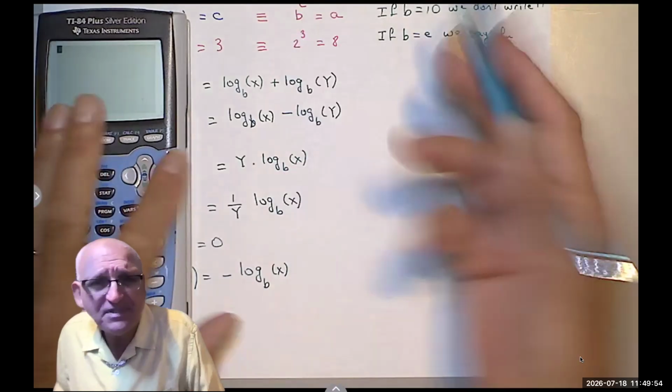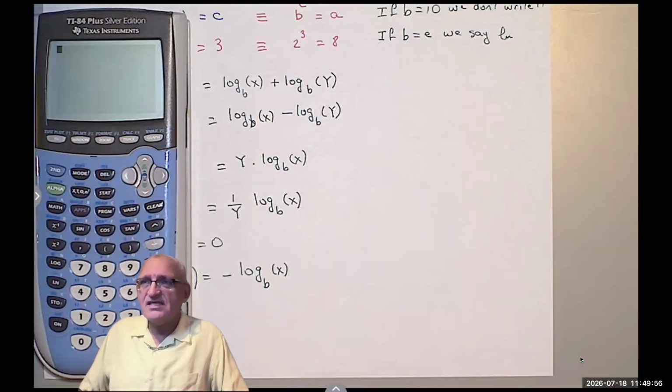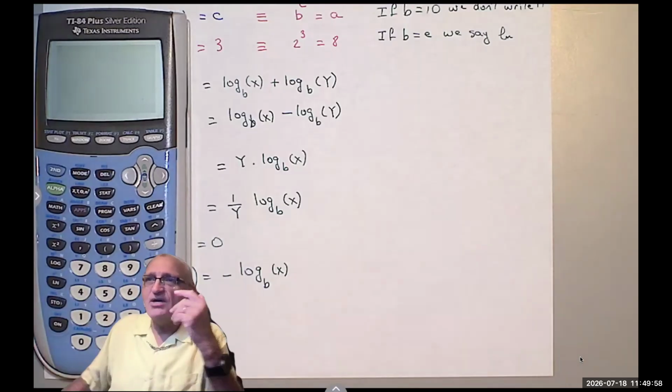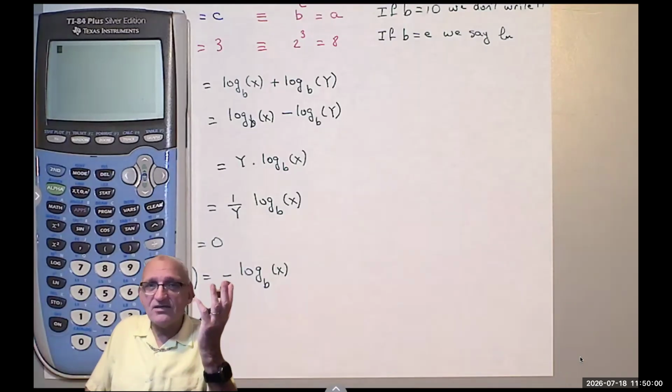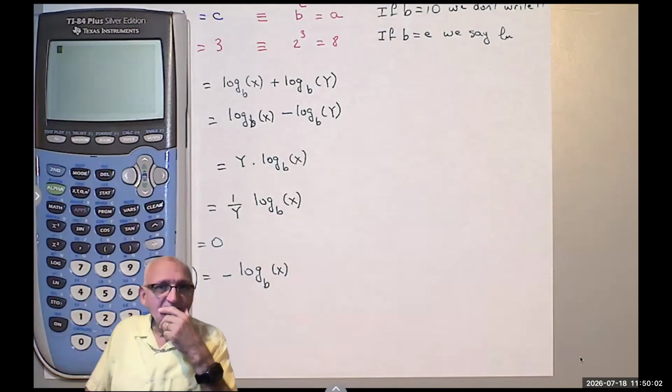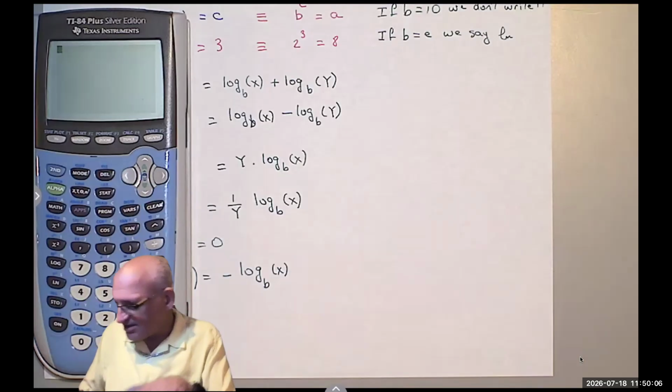But I told you b can be any number. So what if I get, say, log to the base 5 of some number and they want me to calculate? I cannot use my calculator. That's a big problem. No, it's not.